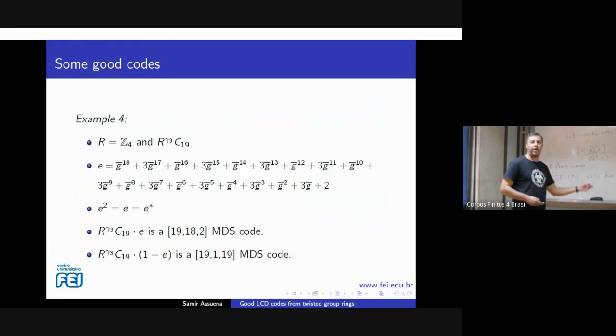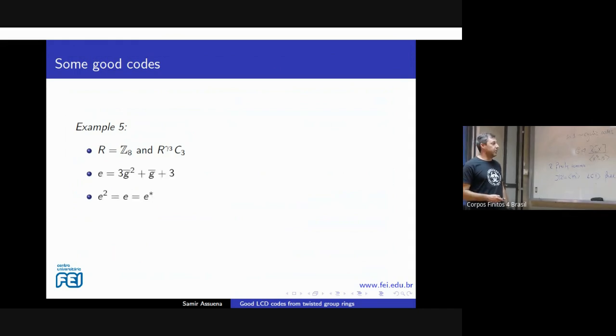Both are MDS codes, which means that these codes achieve the Singleton bound. It's true for the code generated by the idempotent, and also true for its dual.